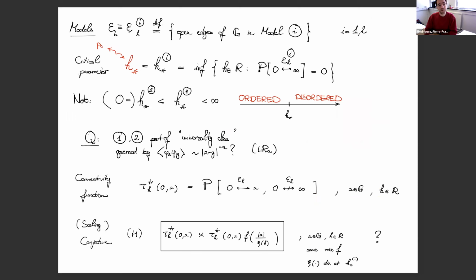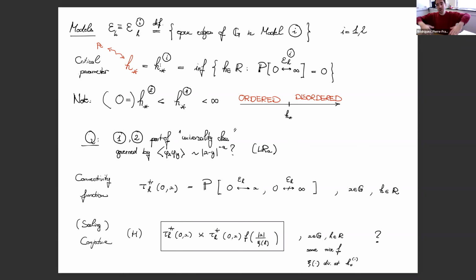Okay, so now you have for each model i equals 1 and 2, the open edges or vertices of your graph of the 3-dimensional lattice in model i. And there is a corresponding critical parameter, h star, which corresponds to p_c, which is just the smallest h such that the probability to connect to far away is equal to 0.